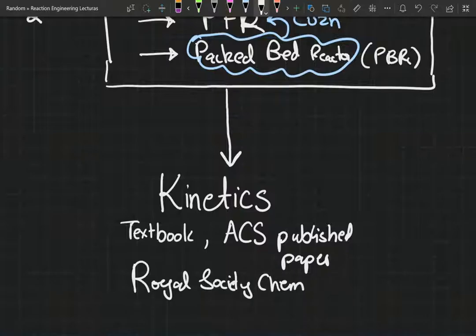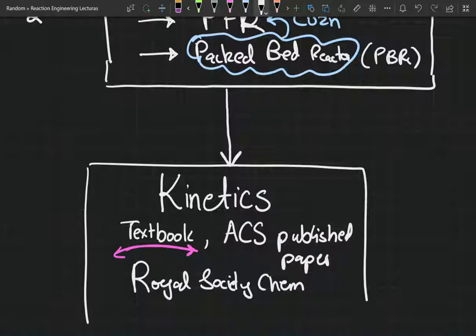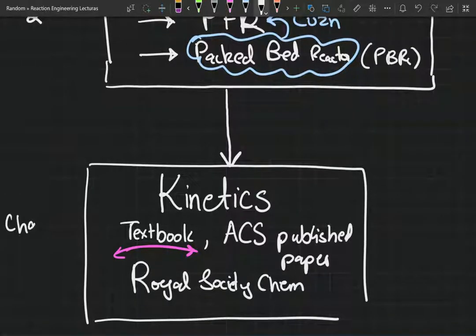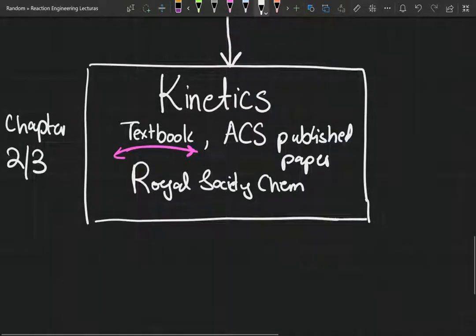But for the most part in this course, for all the textbook problems, the kinetics are probably going to be given to you anyway. This is covered in a cross between chapter 2 and chapter 3. It's going to be the bridge between both of those chapters.